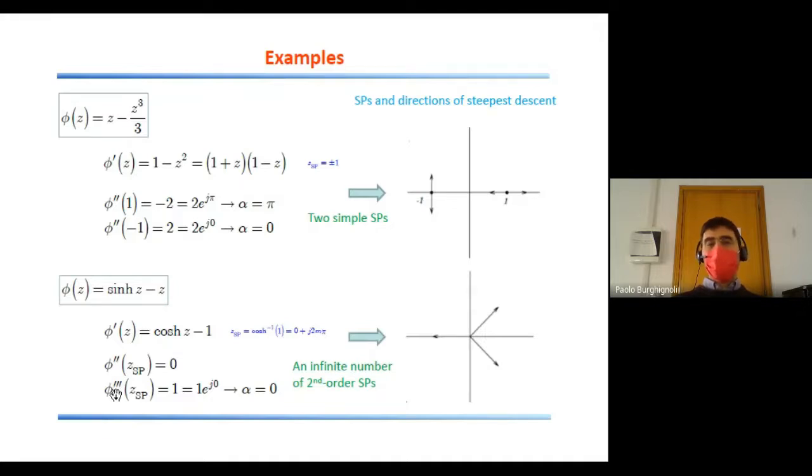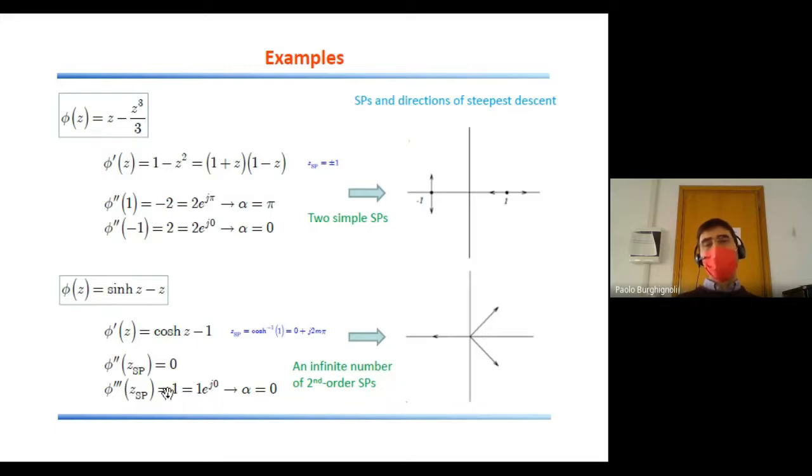The third derivative is instead given by, again, the hyperbolic cosine, which is equal to 1 at the origin. So in this case, we have a saddle point of second order, since the first non-zero derivative is the derivative of third order. Of course, all the other replicas along the imaginary axis are also second-order saddle points by periodicity.